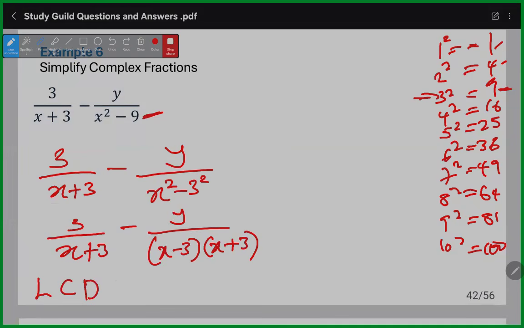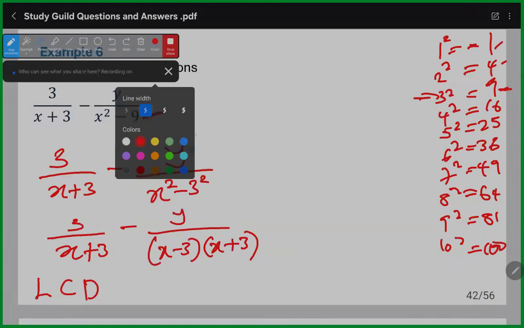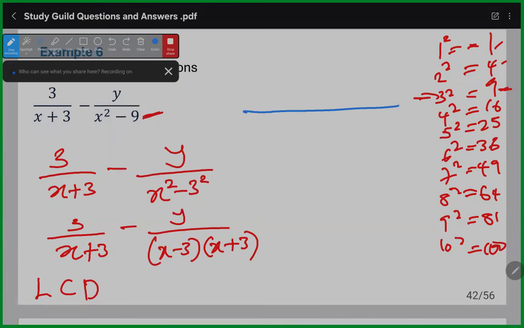So the next thing I need to do is find my LCD. And LCD stands for what? Lowest common denominator. Let me change color. For me to get my LCD, I'm going to write everything in the denominators of this and this. However, I'm not going to repeat any of the terms. That's the simplest way to go about it.